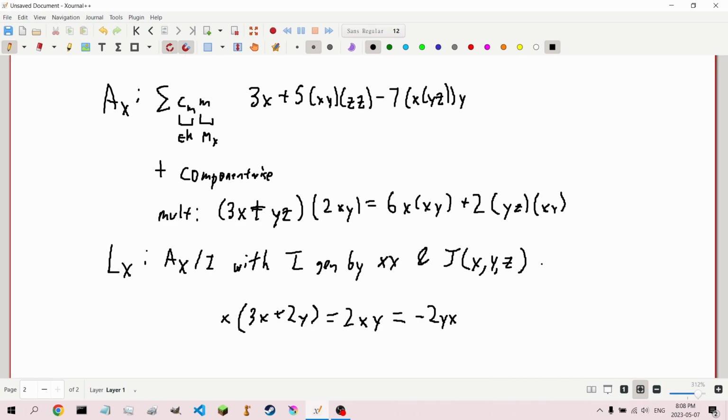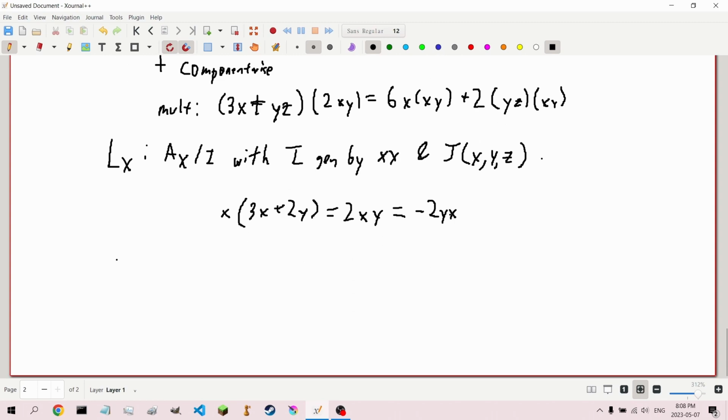The free associative algebra, whoops, that's not how it goes, k to the x. This is the free K module with basis x.